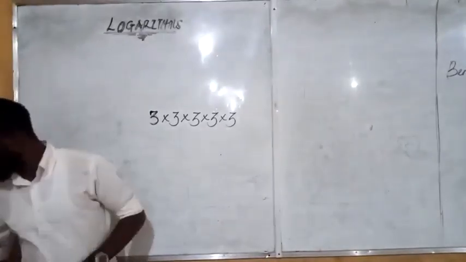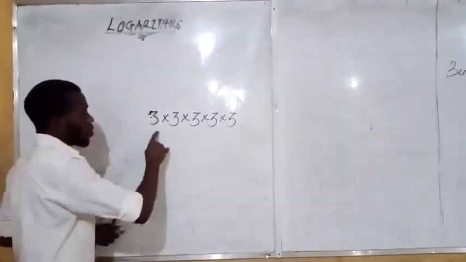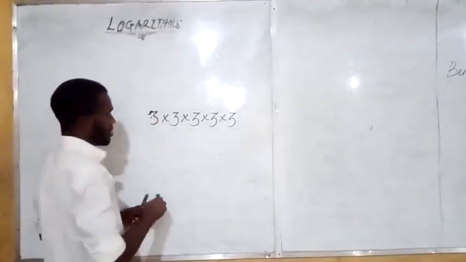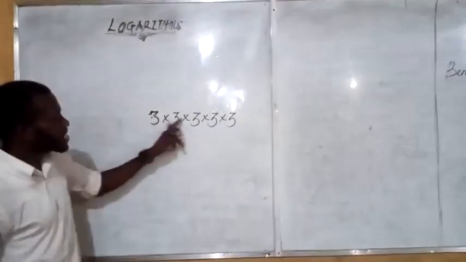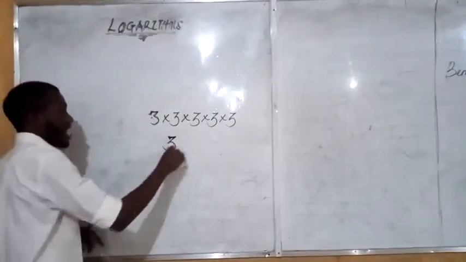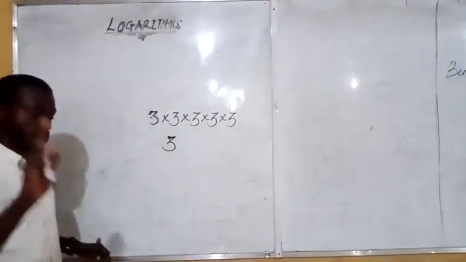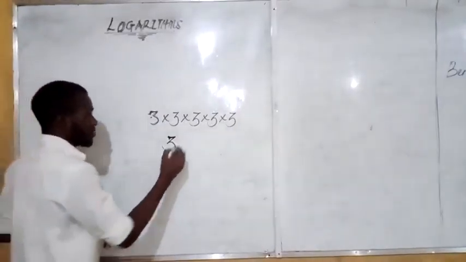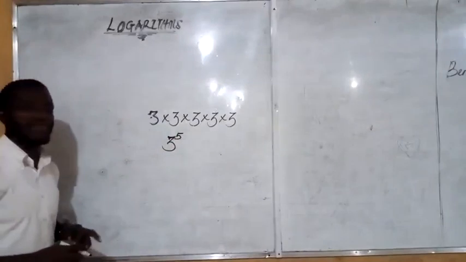To abbreviate it, I write one of these numbers because they are the same. So I write it as 3. Now, how many 3's do I have here? Here I have 1, 2, 3, 4, and 5. So I have five 3's, that is, 3 appearing 5 times. So I have 3 to the exponent of 5.